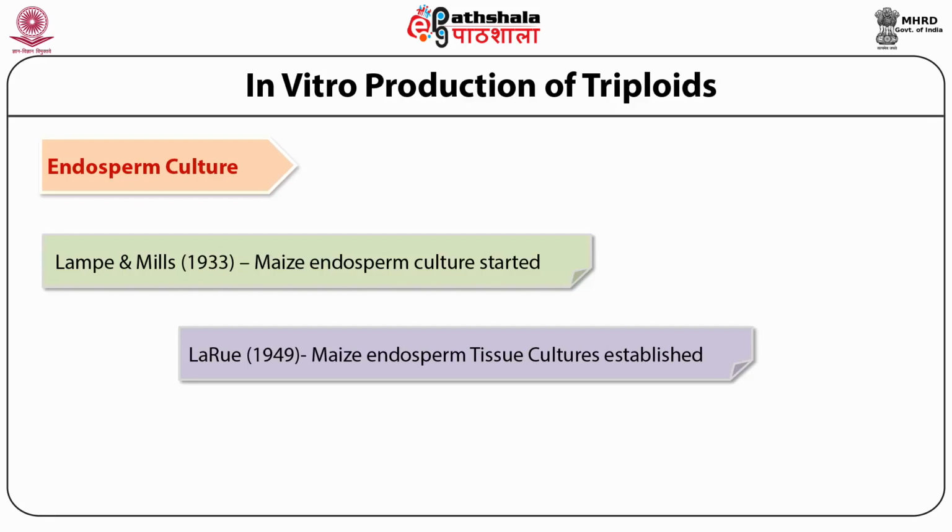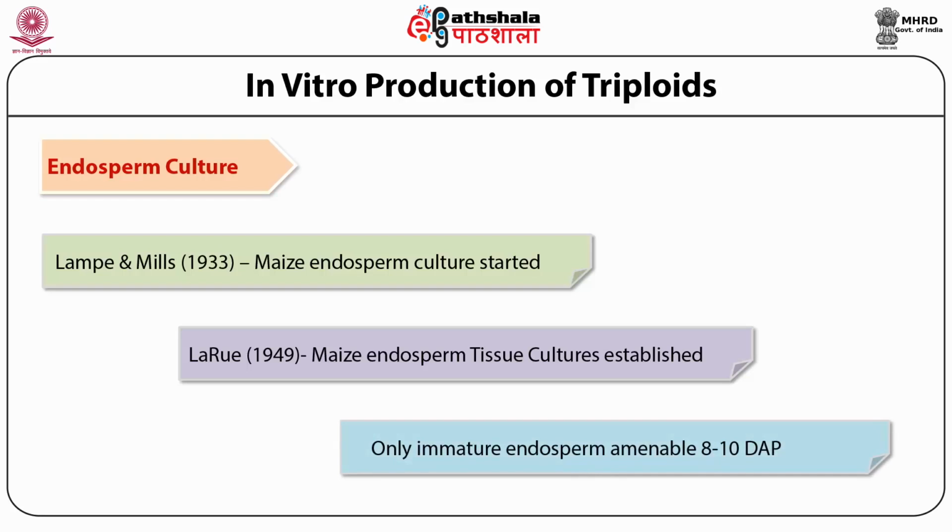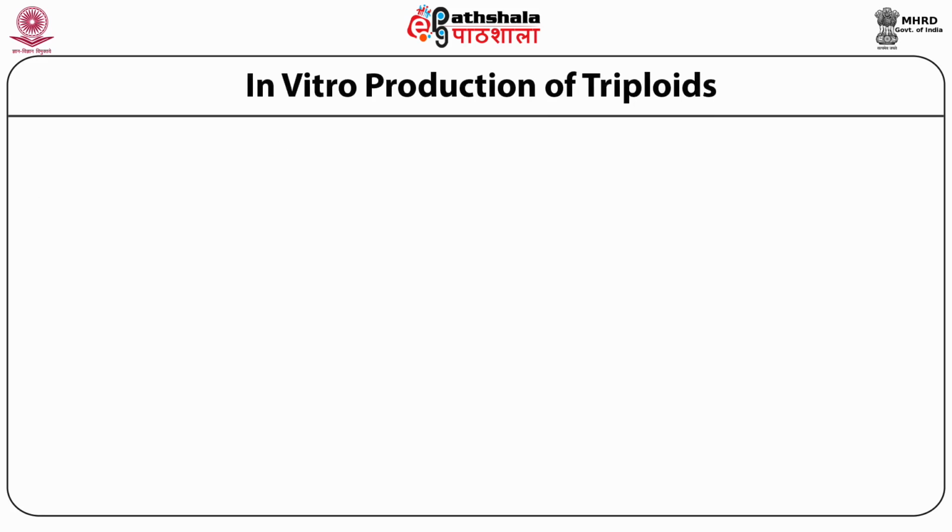In maize, the endosperm is massive and the mature seed has the endosperm, but the mature endosperm is dead. Therefore, it has to be cultured at an early stage when it is physiologically alive. So normally it is cultured 8 to 10 days after pollination. So we culture immature endosperms.